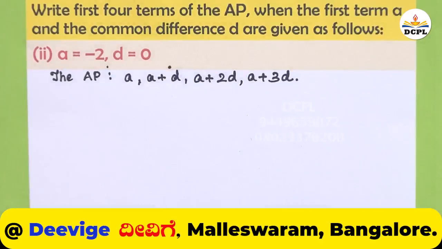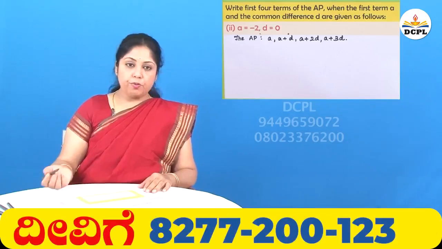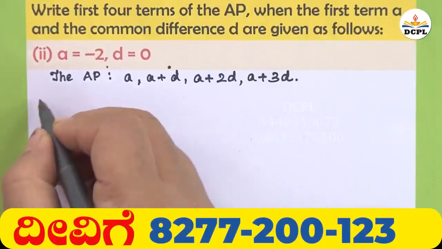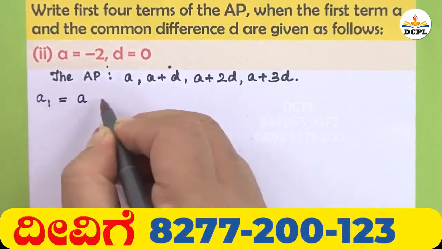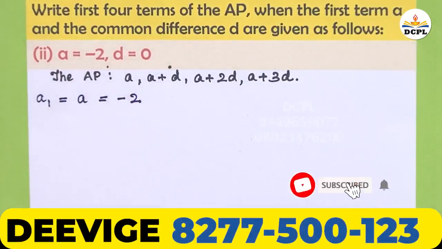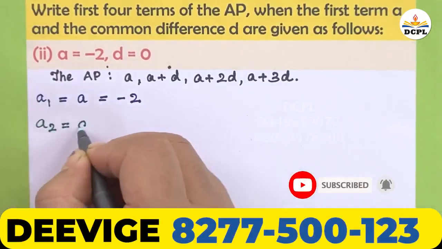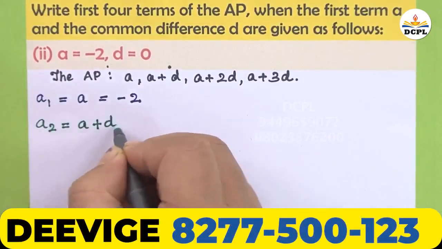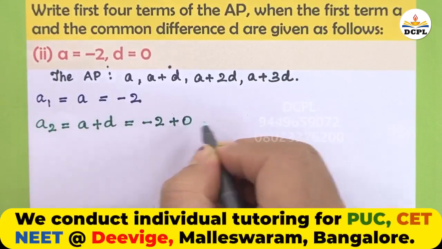So all we need to do now is just substitute the values of a and d to find the first 4 terms. So a1 is given by a, which is -2. Now the second term can be calculated by substituting a and d values. So which is your a value? -2 plus 0.